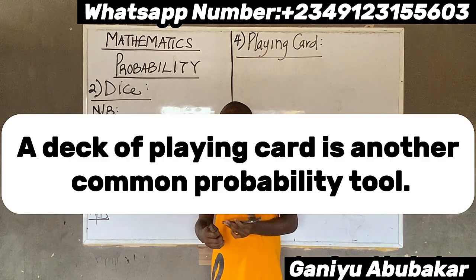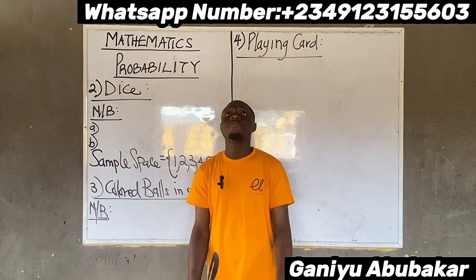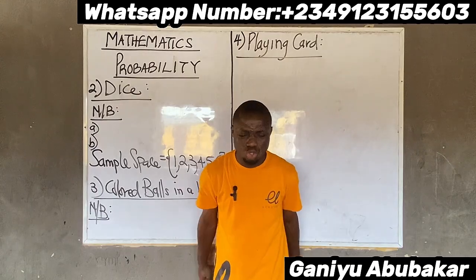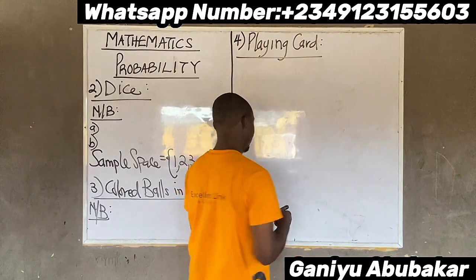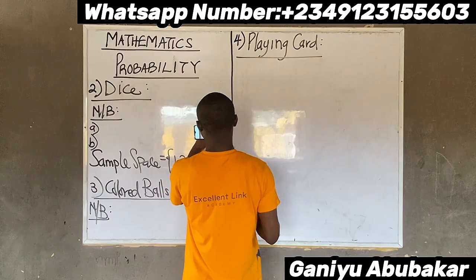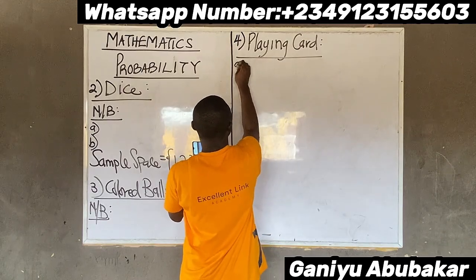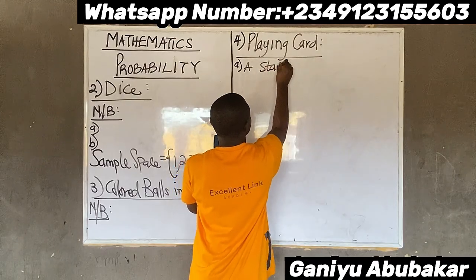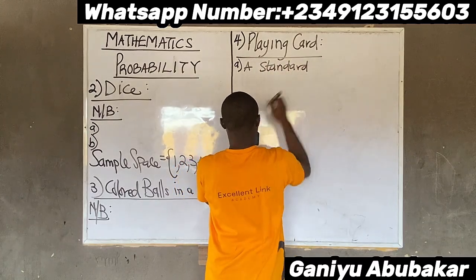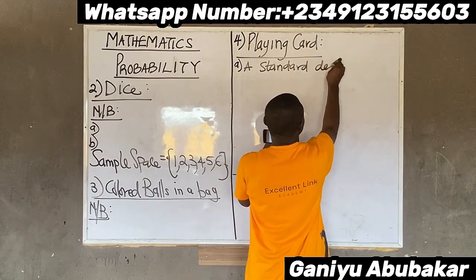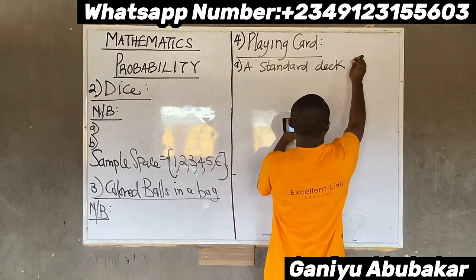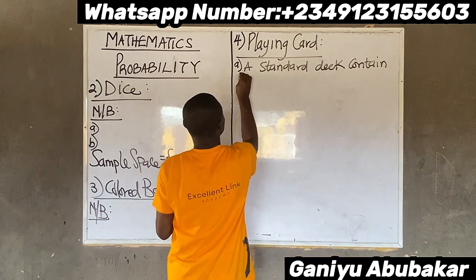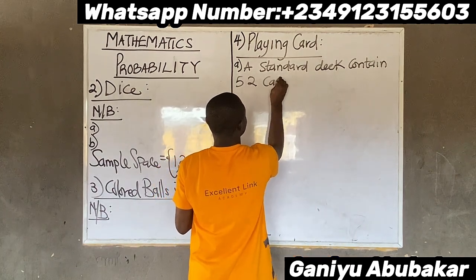You should also know about it, right? Let me give you the key important things to note in playing cards. Please note the following. Number 1, a standard deck contains 52 cards.